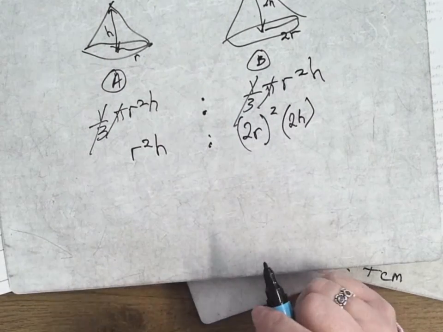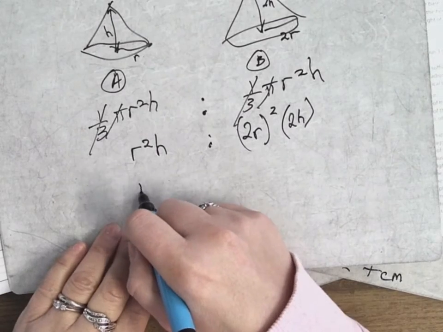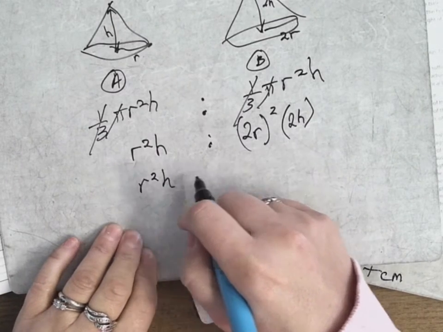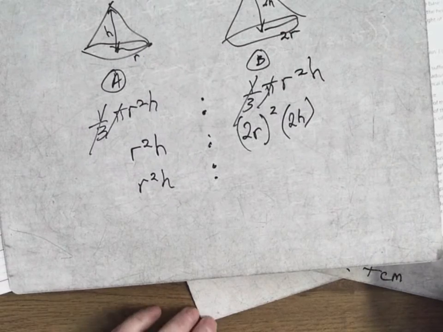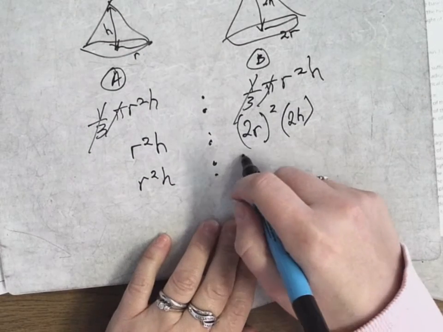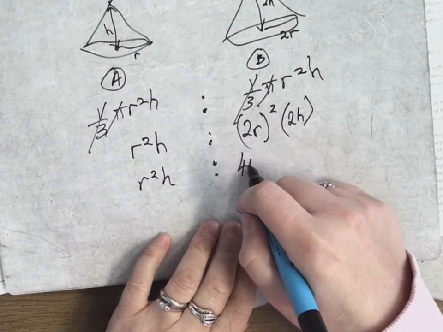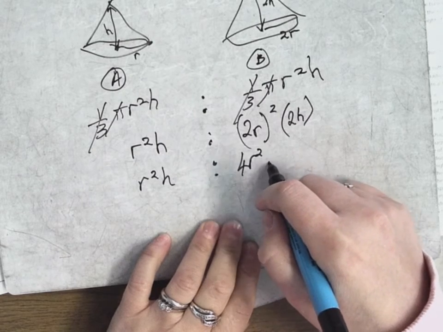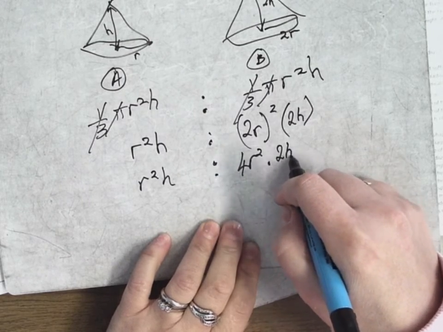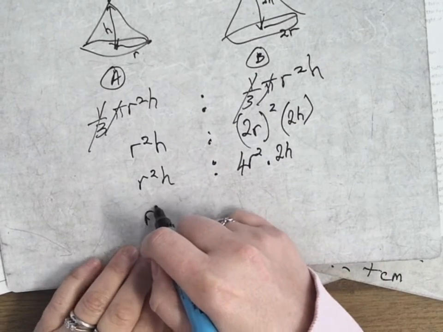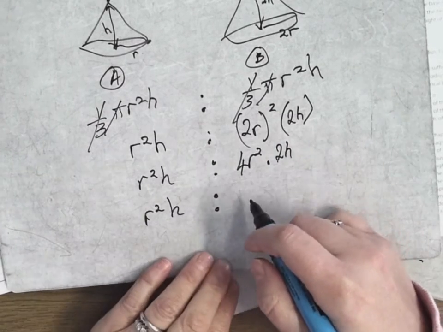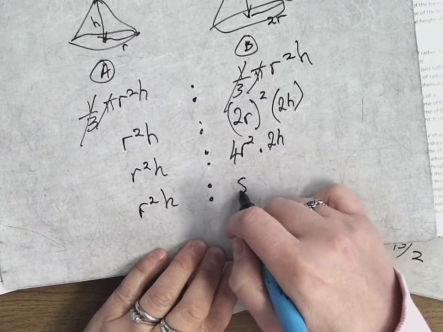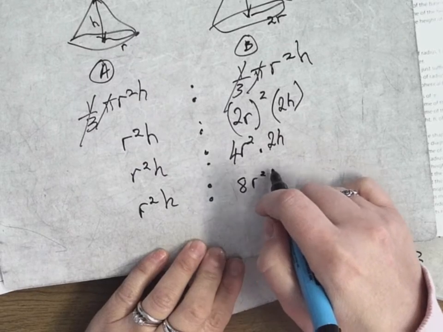Is that right? Okay. So then here I have r squared h over this side, (2r) squared. 4r squared. You have to square the number, which is 4, square the letter, and you need to multiply that by 2h. So that's r squared h is 2. 4 by 2 is 8 r squared h.